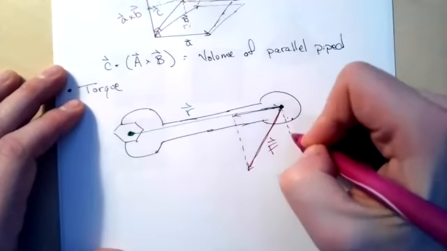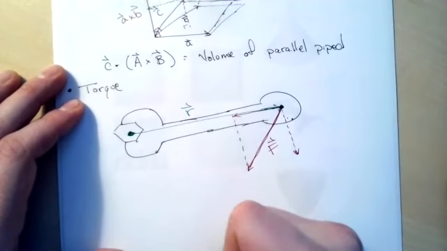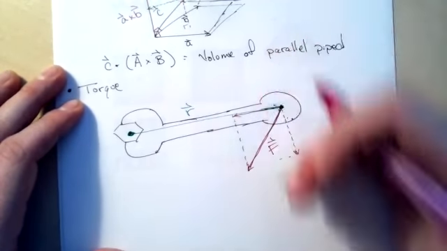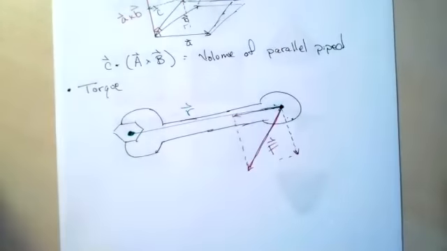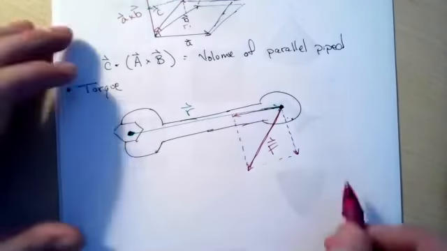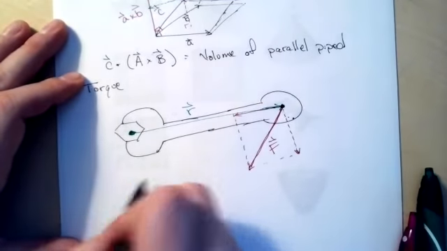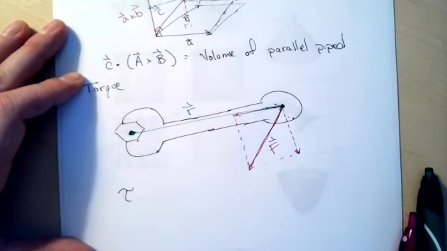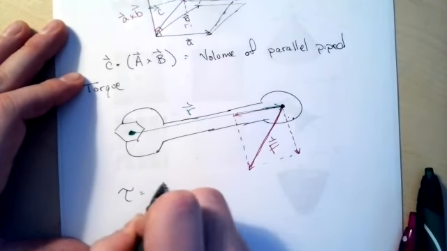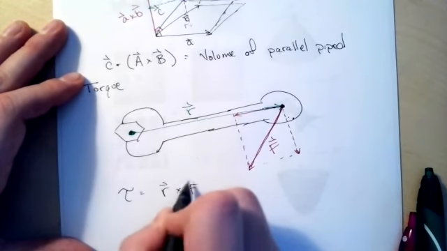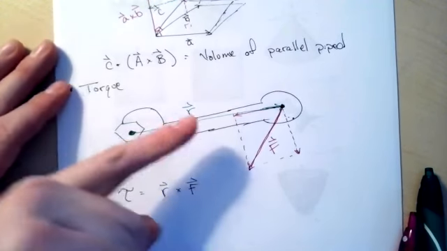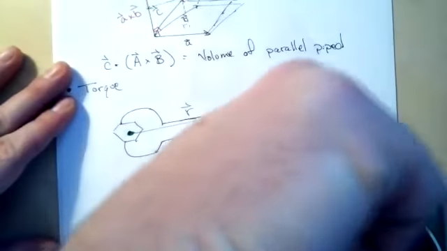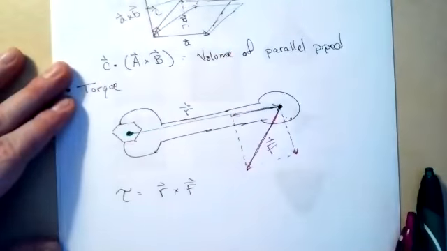It's only the component of our force that's orthogonal that is going to give us some rotational action on this nut. So our torque, abbreviated with the Greek letter tau, is going to be R cross F. The torque is measured as rotating with our right-handed roll. So we are going to be unscrewing that nut, or I guess this way would be screwing in the nut.